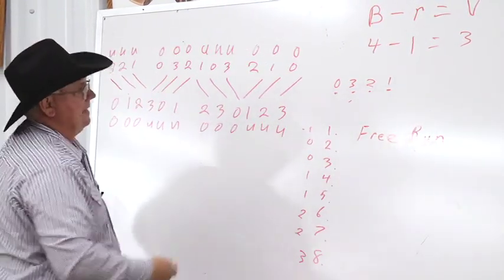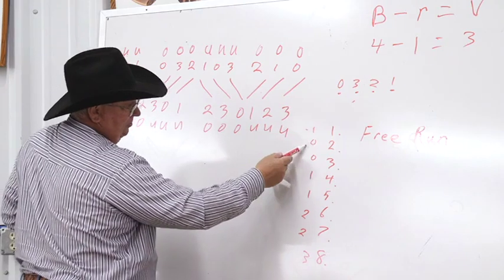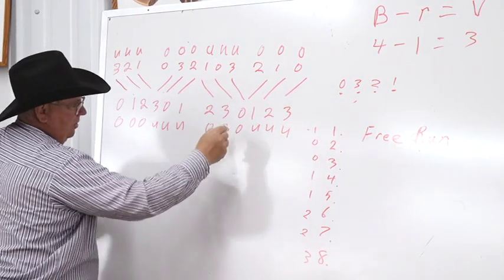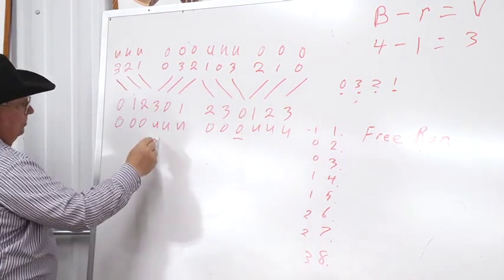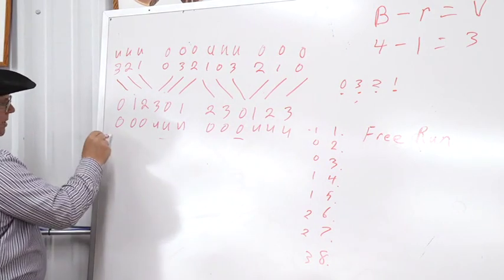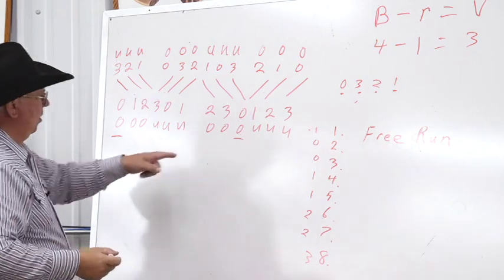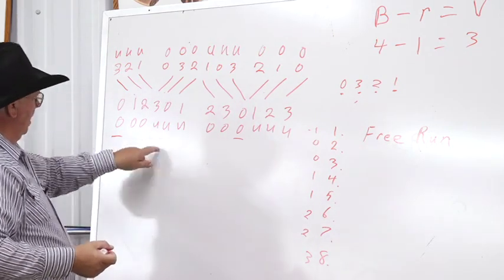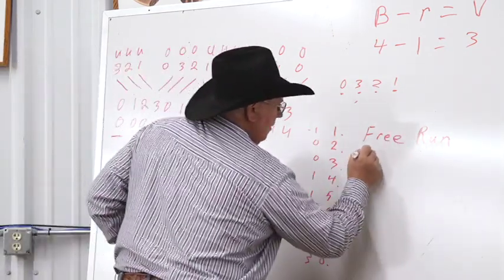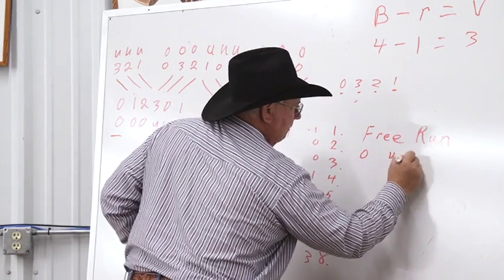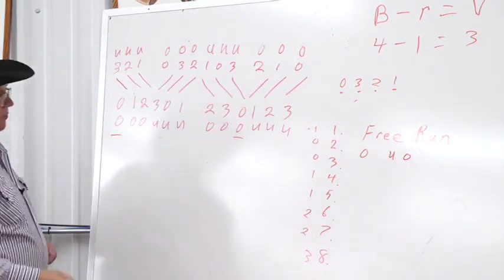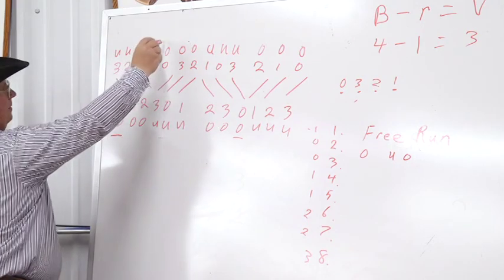Okay? Now we're looking for 0. There's one right there. There's one right there. And there's one right there. So we're going over, under, over. Over, under, over. Now we're looking for our zeros up here.